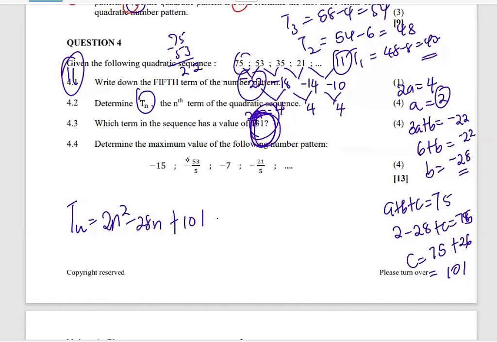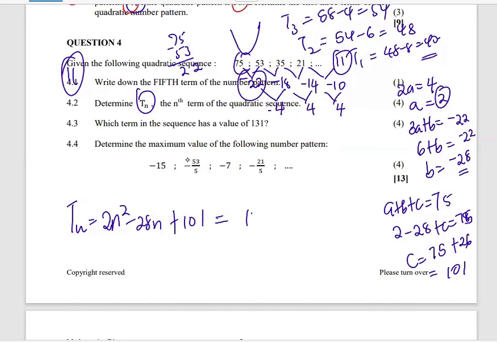Because they're telling us that the first term is 75, but then we're looking for a value of 131. Does that mean this pattern is going to increase afterwards? That is correct, because it is a parabola.